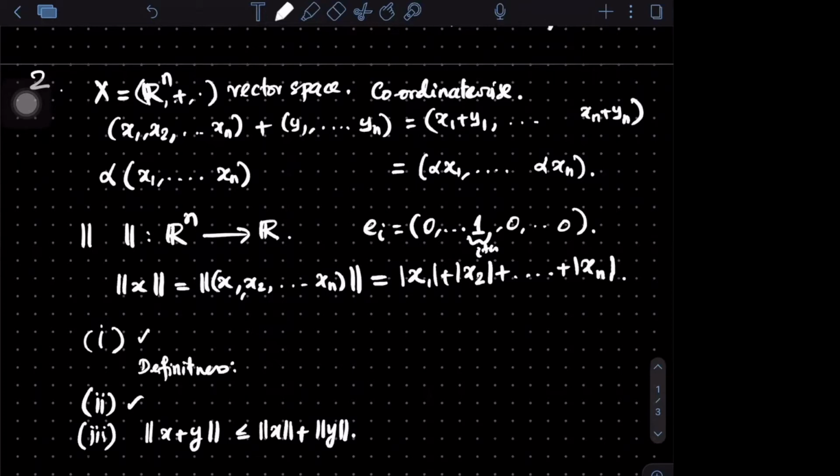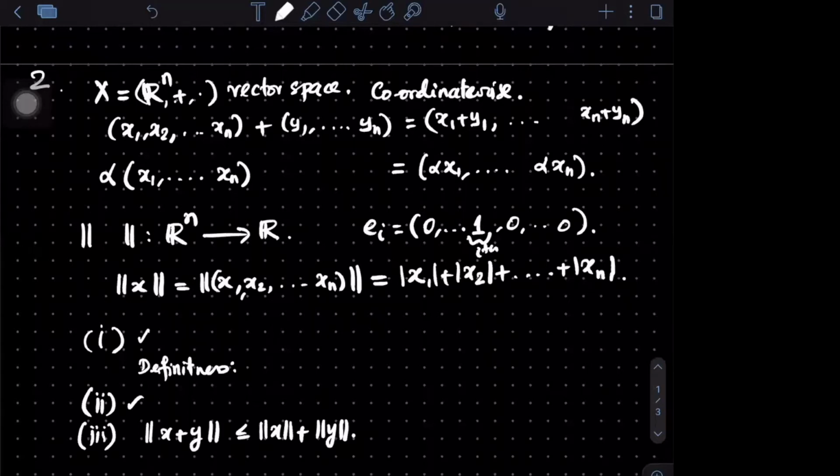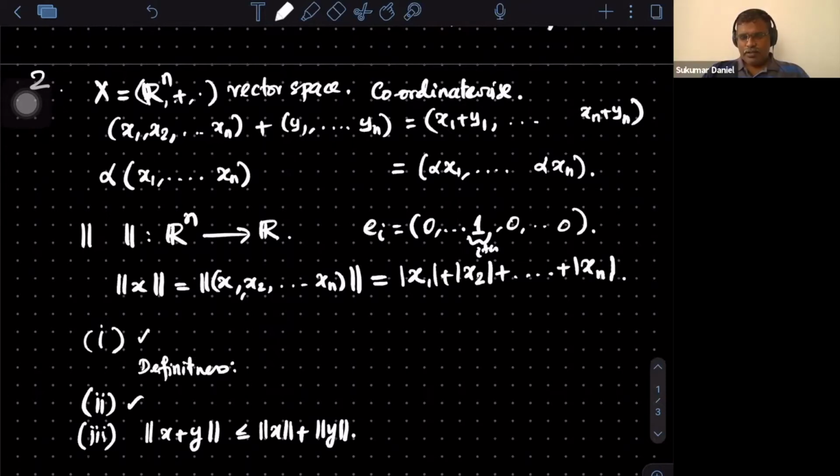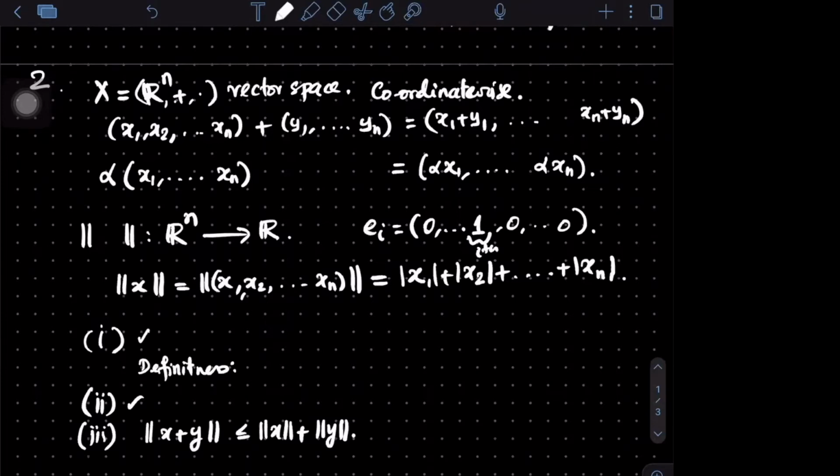Since it is a coordinate-wise addition, first we will write summation of mod of xi plus yi for i from 1 to n. Then this mod of xi plus yi, using the triangle inequality, you can write mod xi plus mod yi. I understood. So are we using the triangle inequality of modulus in the case of R? Yes, yes, that's it.